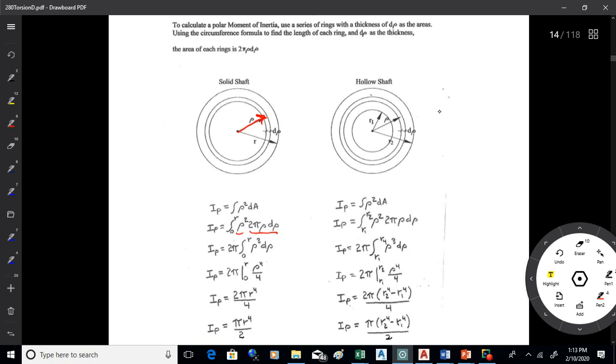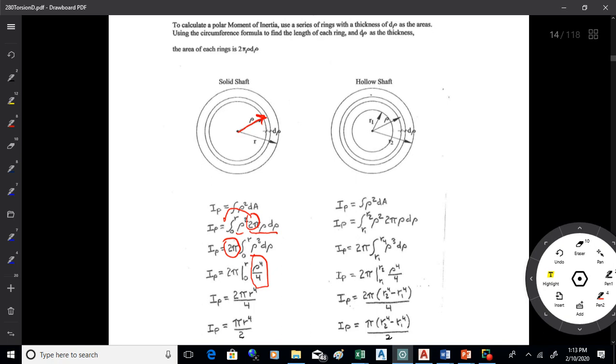So we got rho squared and another rho, that's rho cubed, and then a d rho, and then we pull the 2 pi out in front of the integral. There it is. So now we got 2 pi times the integral of rho cubed d rho. Well, the integral of rho cubed d rho is rho to the 4 over 4.